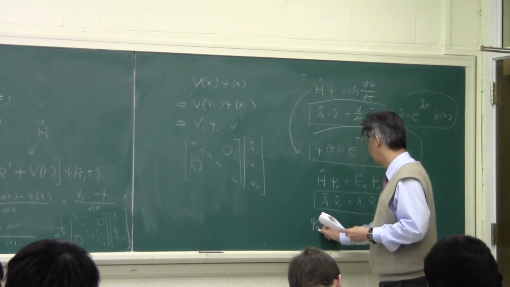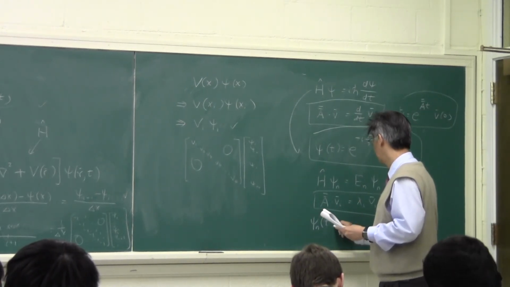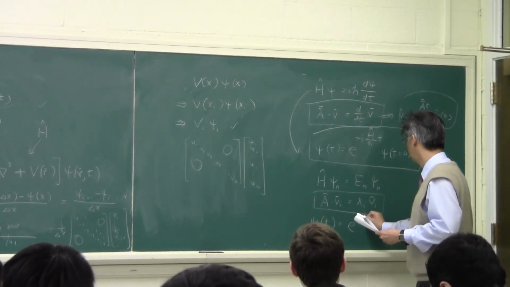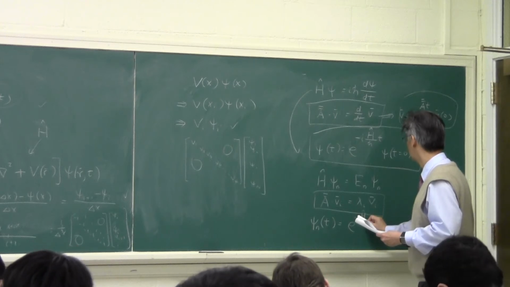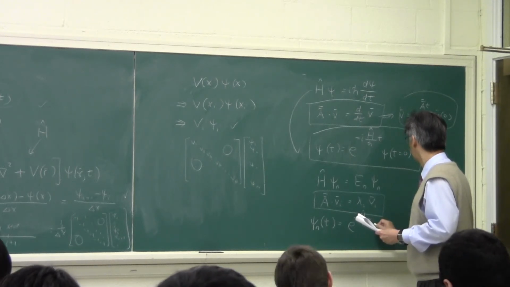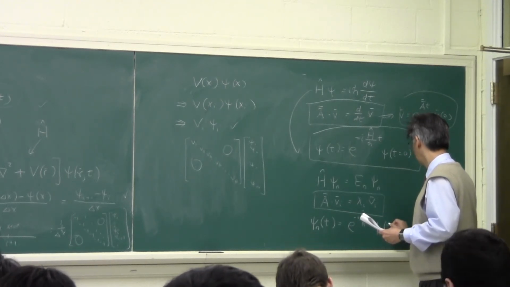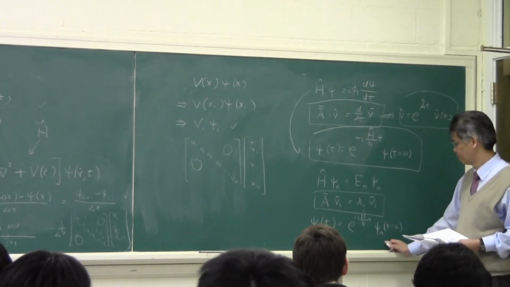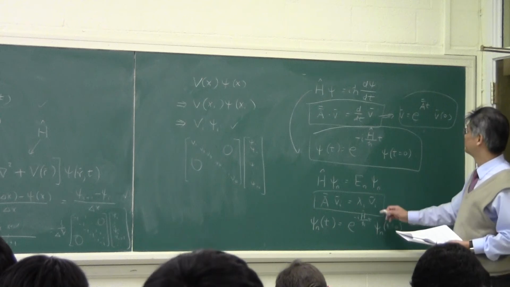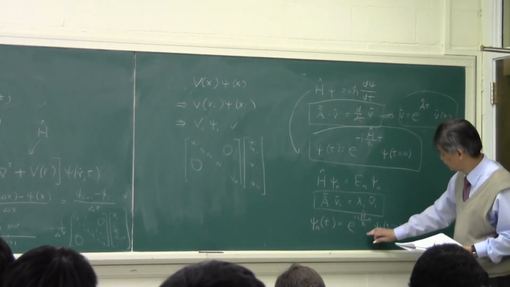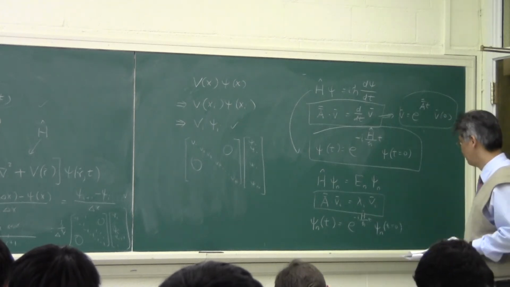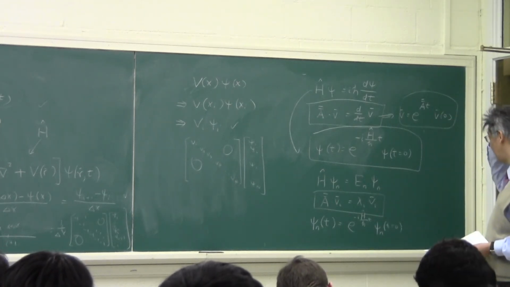If psi n is an eigenfunction, okay, you can actually evaluate this. If this is an eigenfunction, and as we said before, if a function of a matrix operator operates on an eigenvector, you just replace that matrix with its eigenvalue.